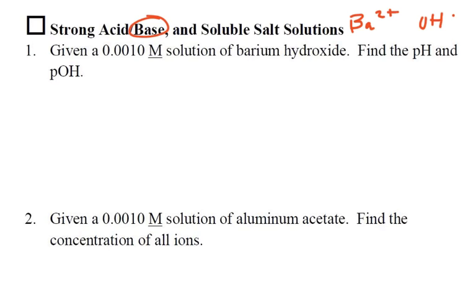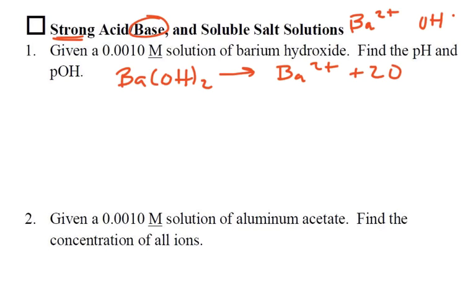Because we know our list of strong acids and strong bases, we know that barium hydroxide is going to be a strong base, which means it's going to dissociate completely. So if we do that reaction, we'd say barium hydroxide, Ba(OH) taken twice, and that single arrow is going to turn into Ba2+ and 2 OH minuses. And that's a key piece, the fact that we get 2 OH minuses.